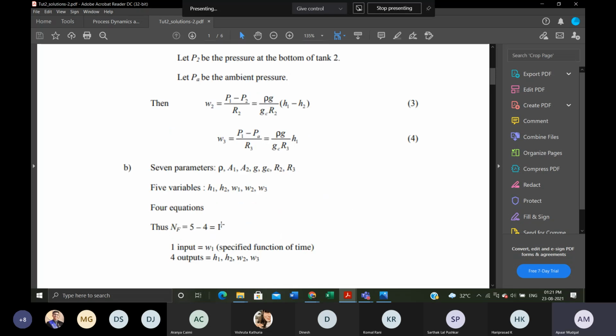So the degree of freedom would be one. We have to assign a variable so that we can get an exact solution. We know that the input variable is W1 and it is a specific function of time. So we get four outputs and our equations are available. Any doubt regarding this question?